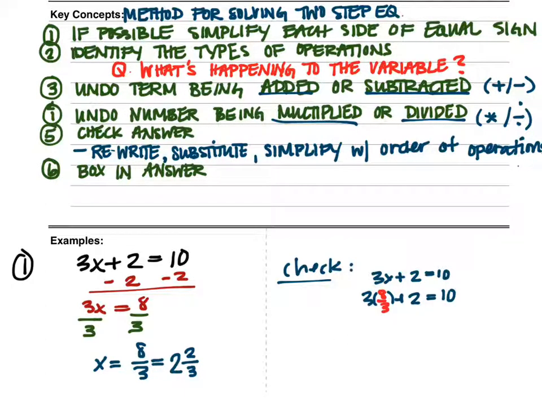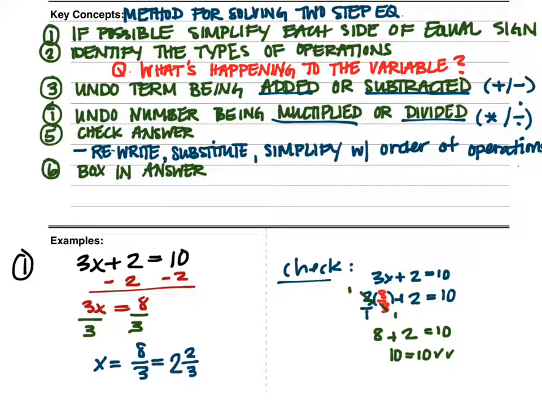And by doing that, I can recognize and remember that I can have that 3 be divided by 1. I can look to cross cancel because now I'm at the point where I'm solving. There's one 3 there and there. And that gives me a simplified version of 8 plus 2 equal to 10, or 10 equal to 10.